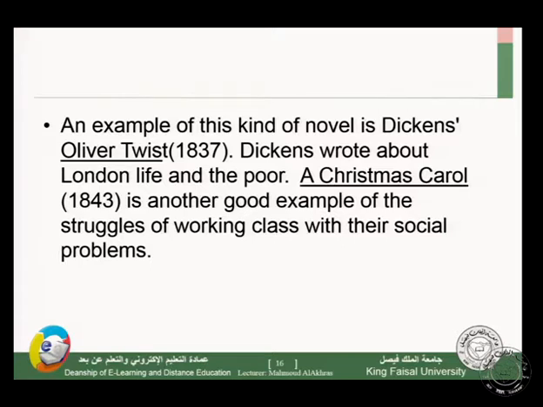Dickens wrote about London life and the poor. Another example is A Christmas Carol, written in 1843. This is another good example of the struggles of the working class with their social problems. We can see in this novel the character of Scrooge, who is the boss in his work, and the struggle of the working class in his work.